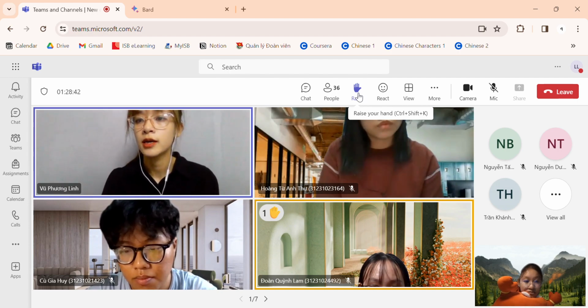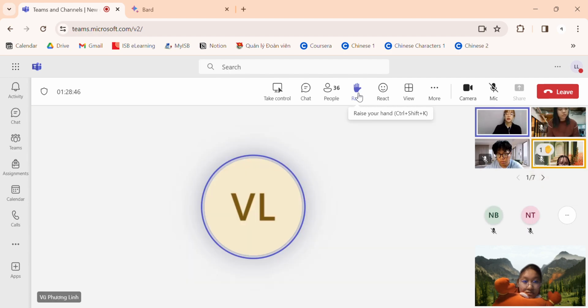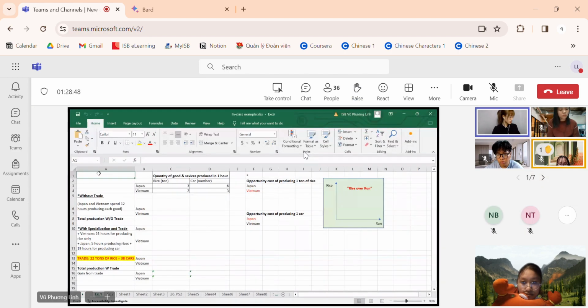Okay, all right. So let's have a look at my exercise here. Right, I think sharing this file is better. All right, so now I have an example for you about Japan and Vietnam. In this exercise you compare the case with trade and without trade for Vietnam and Japan.